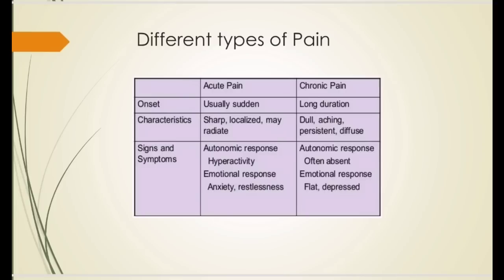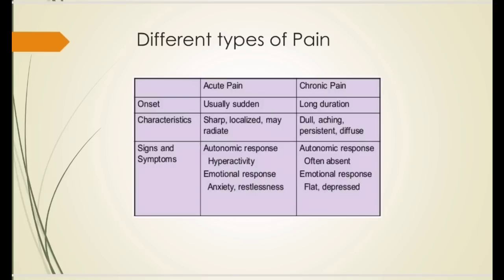Acute pain is pain which happens immediately, right after an injury. If I am walking and I fall, I will start feeling pain. If I am preparing food, using a knife, cutting food, and I cut my finger, I will feel pain, alright?